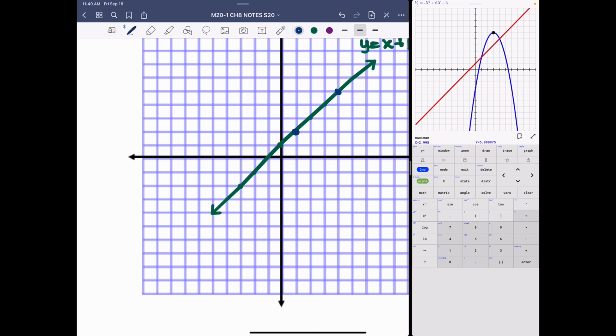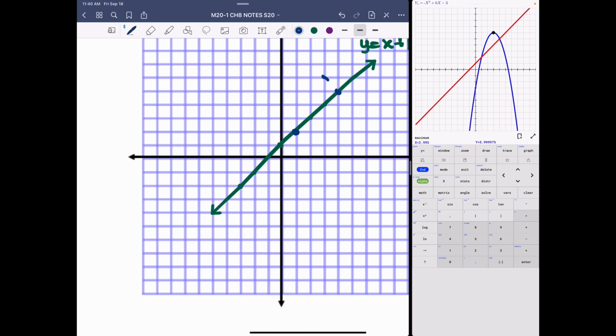Hit enter again, and usually it'll ask me to guess, but that's okay. On yours, it should do that. Just hit enter a third time. So 2.995 and 5.99, so 3 and 6. 1, 2, 3, 1, 2, 3, 4, 5, 6. There we go.